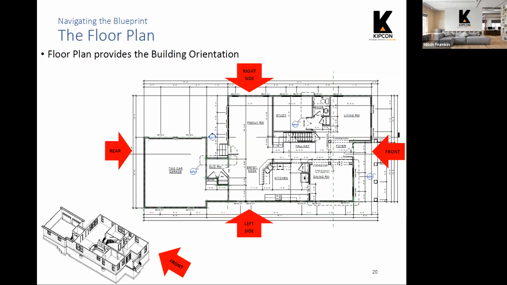So the front of the building is usually shown at the bottom of the page. Because of the layout of this particular unit, it was easier to fit it on the plan sheet by showing the entrance to the right. So sometimes you have to look to see where the front of the building is being portrayed.